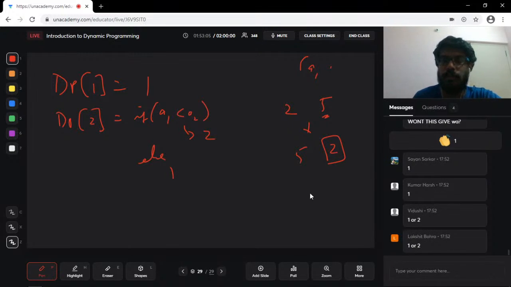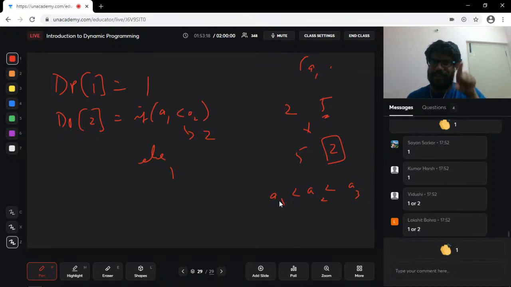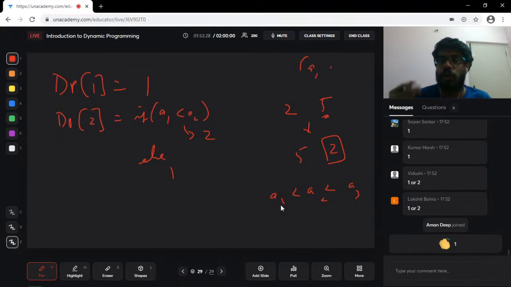So DP of 3 would be if I have A1, A2, A3. If A1 is less than A2 is less than A3, then it's 3. If not, if A1 is less than A3, it's 2, or if A2 is less than A3, then it's 2. Or if both A1 and A2 are greater than A3, the answer is 1 and I can pick only A3. So the DP value will be 1 or 2 or 3 depending on which of these conditions is true.